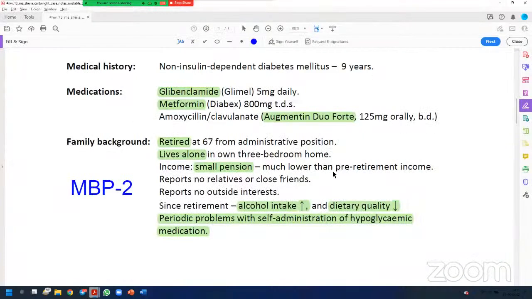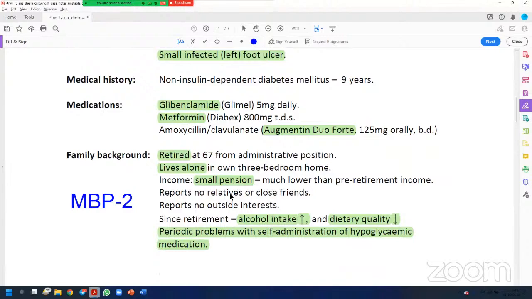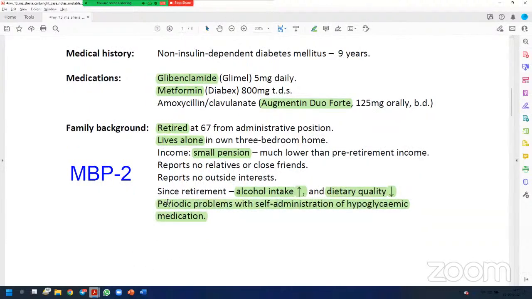So now next one. Since alcohol intake increased and dietary quality decreased. So now how are we going to write this sentence? How are we going to write this sentence?